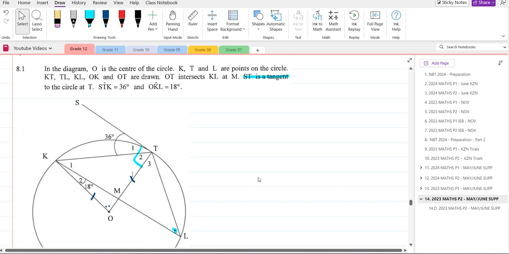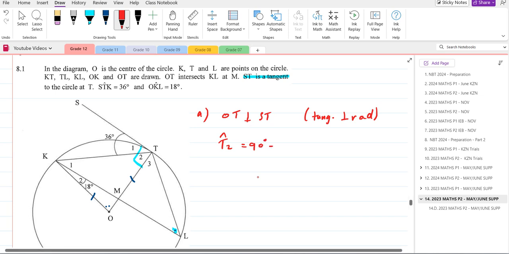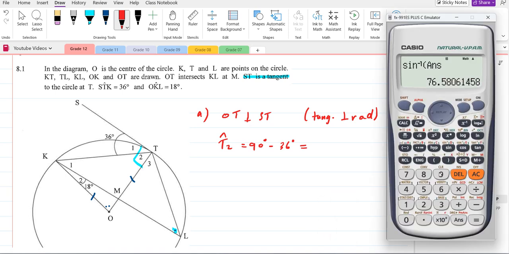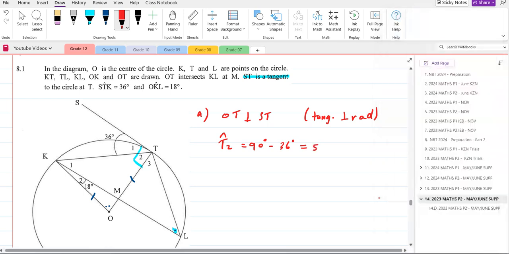So to solve part A, you want to solve for angle T2, you have to say OT is perpendicular to ST. And the reason is tangent perpendicular to radius, or radius perpendicular to tangent. Right, so then angle T2 is now 90 degrees minus 36. Right, so 90 minus 36, we can get the answer. Which is 54 degrees.